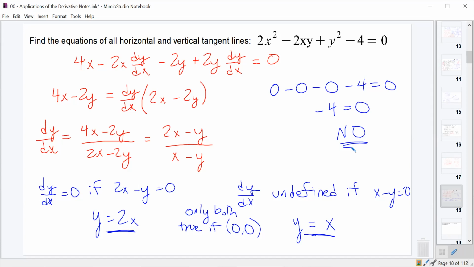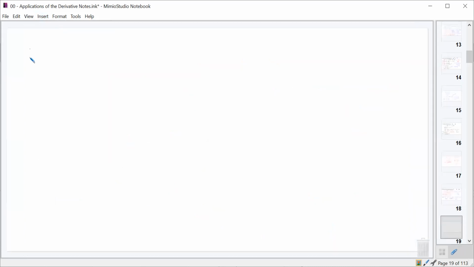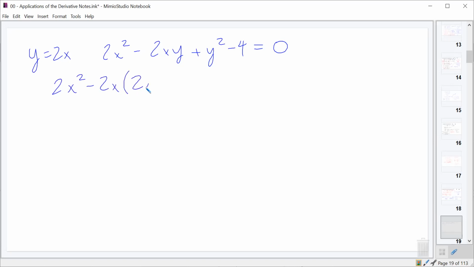So let's now check y equals 2x for our horizontal tangent lines. So we need to solve when does y equal 2x, and also 2x squared minus 2xy plus y squared minus 4 needs to equal 0. Well, if y is 2x, we'll just plug that in. 2x squared minus 2x times y, which is 2x, plus y, which is 2x, squared minus 4 equals 0, and solve.